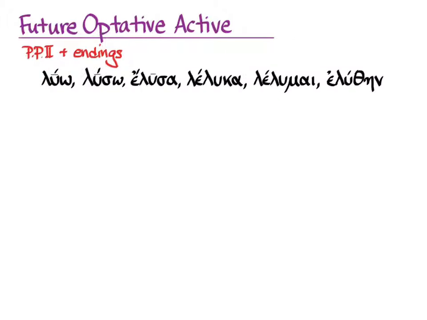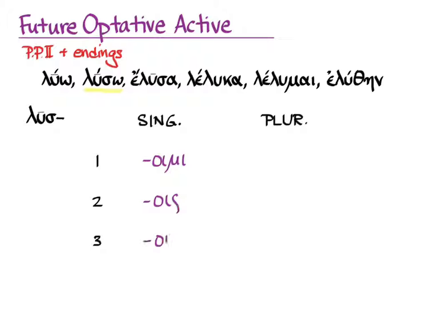It should be no surprise, since you know that all future active things come from the second principal part, that we'll take that stem and add endings. So here is our welcome model verb luo, and we'll get the stem from the second principal part, and it'll look like this. And we will add these endings to it: oimi, ois, oi, oimen, oite, oien.